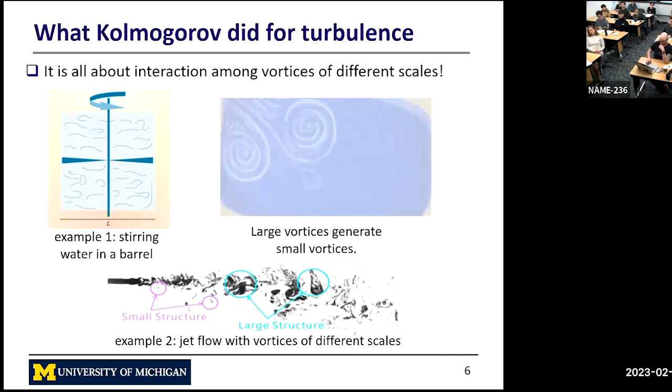And then large vortices will generate smaller vortices, like what is shown in this animation. We have large vortices here, and then due to some nonlinear effect, we keep generating smaller vortices. We also see this kind of behavior in jet flow, where we have large structures coexisting with very small structures. So we have the coexistence of structures of very different scales.